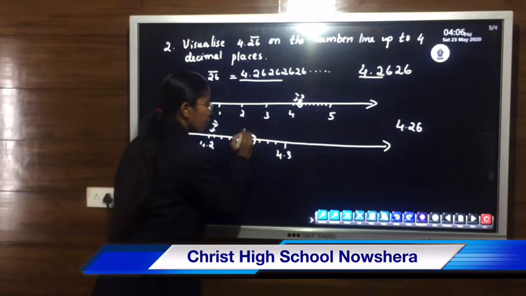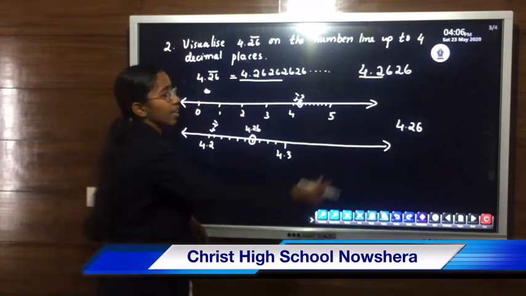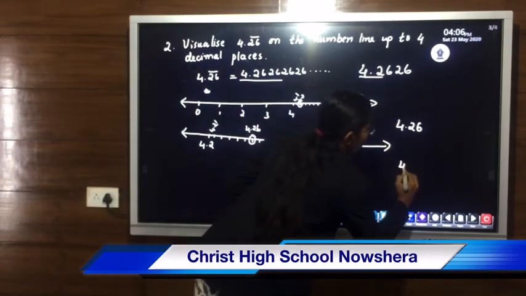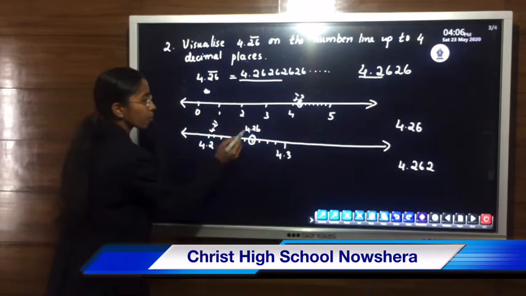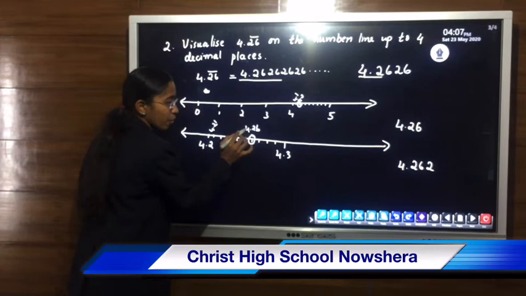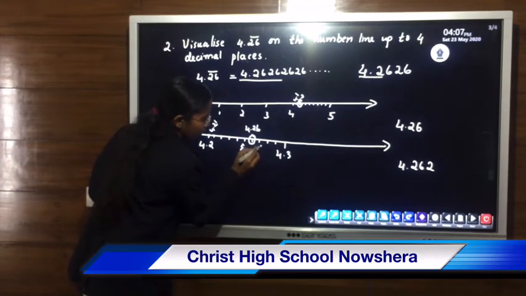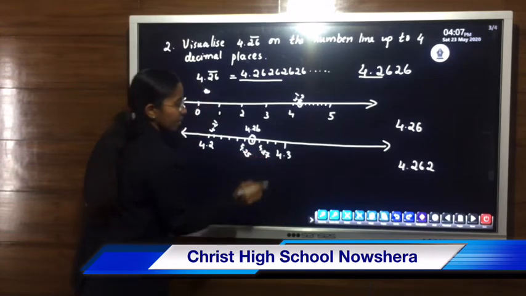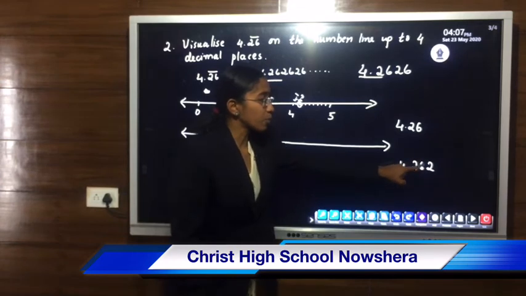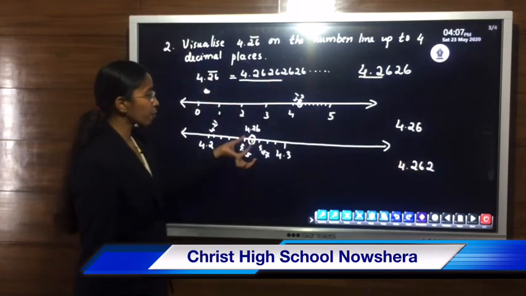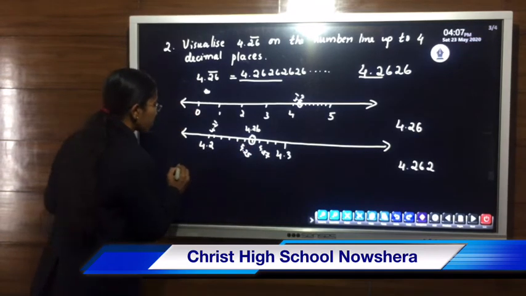This is our point 4.26. The left side of 4.26 is 4.25 and the right is 4.27. Again, we are taking 4.262. Where is this point located? 4.262 is in between 4.26 and 4.27.